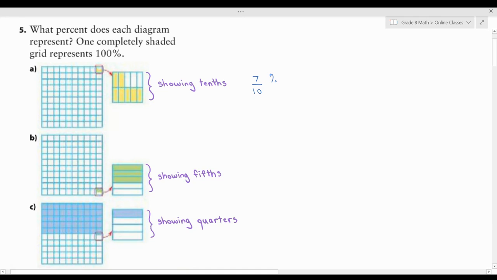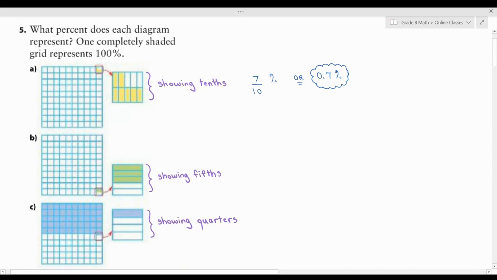You can leave that as a fraction, or you could also write it as 0.7%. Percent tends to be the typical format that you would see when you're using 100 grids.